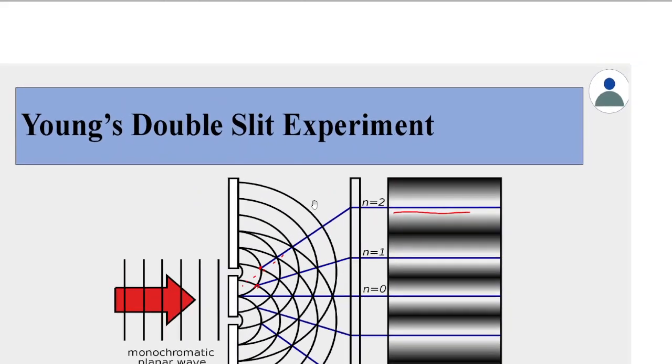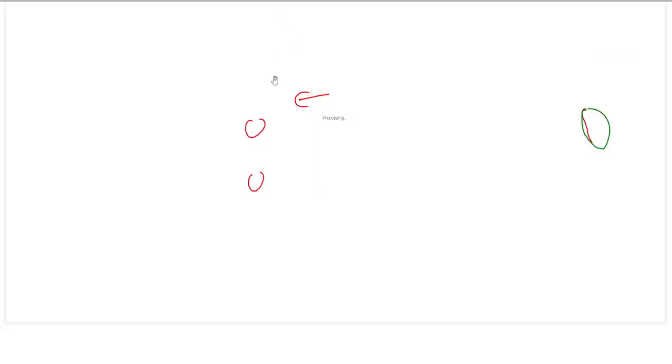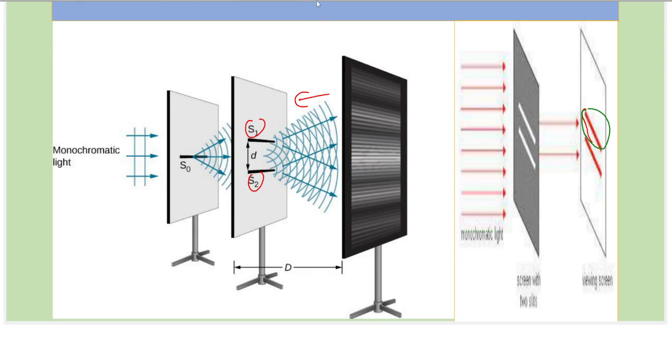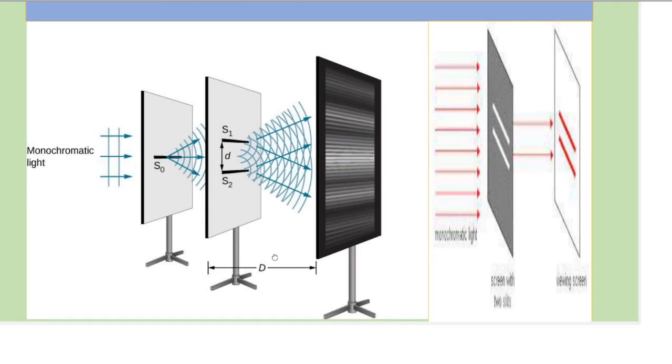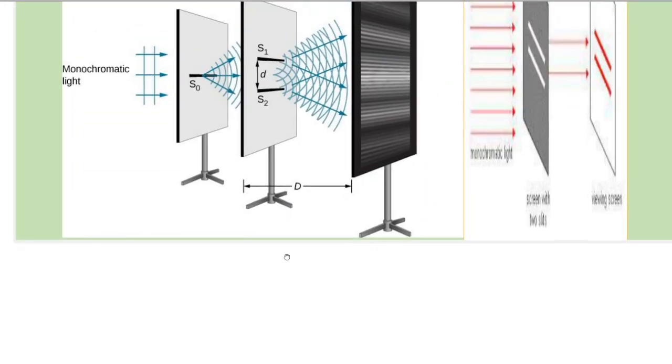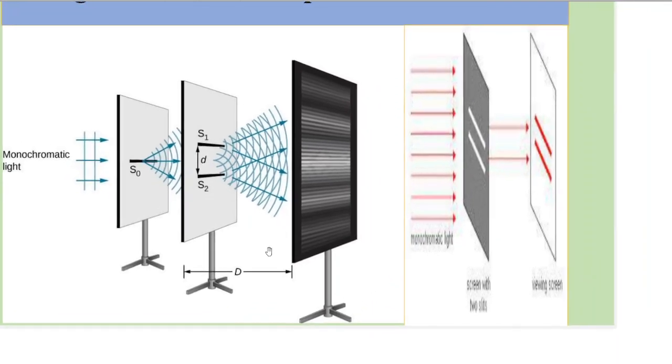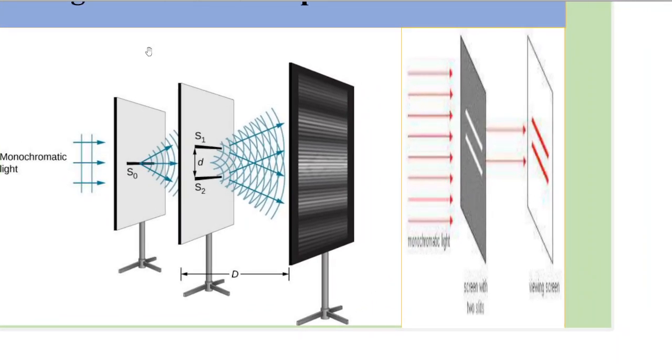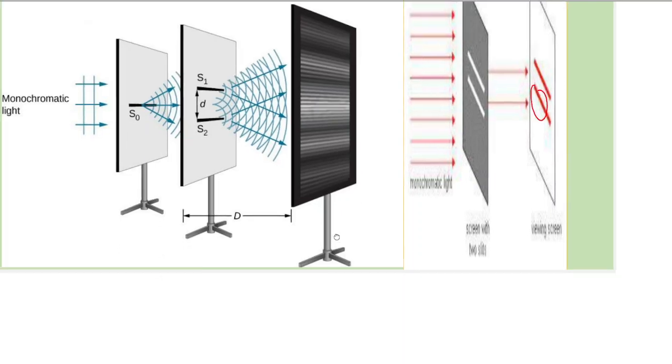Now what we'll do is we'll just read all the diagrams. Or we'll look at it from here only. Let's call this the center bright band, or I'll redraw this.